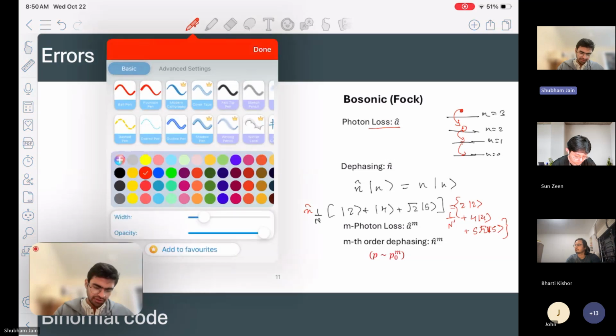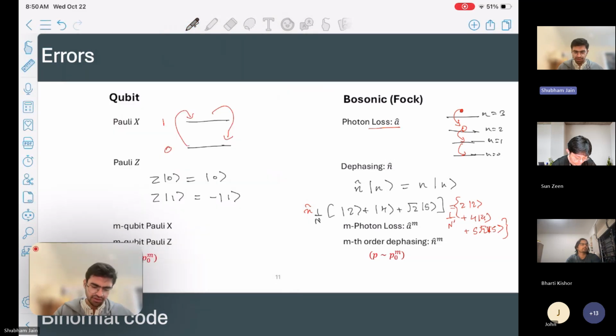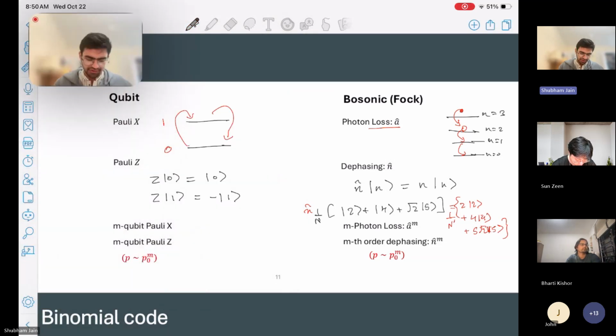Okay, so that's the analog of the Pauli errors in the Fock states, and we can also think of a vague analog of the multi-qubit Pauli X's and Pauli Z's. If you had an m-qubit Pauli X error, then the probability of that would go like p naught to the power m, where p naught is the probability of this error happening on any one qubit. And similarly for the multi-qubit Z errors, the analog in the bosonic language would be this m-photon loss error, which is represented by a to the m.